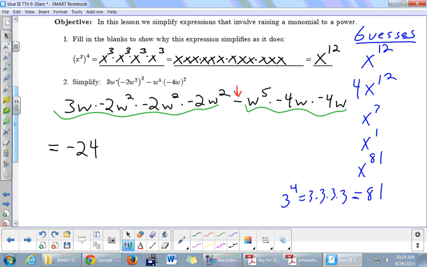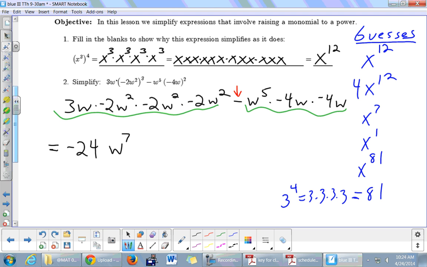And so what are we writing? W to the 7. See it? Feel free to write all the w's out if you wish. But if you can just imagine them, that's okay too. So you had a single w, and then another couple of w's, and another couple of w's, and another couple of w's, and counting them all up, 7 altogether.